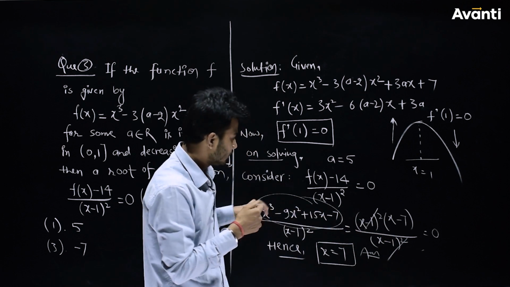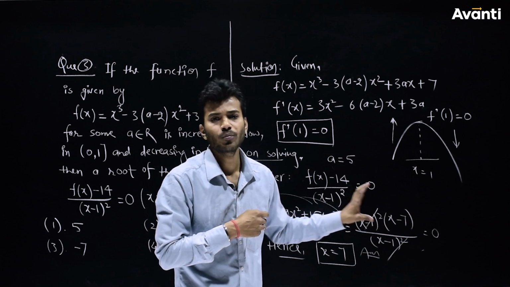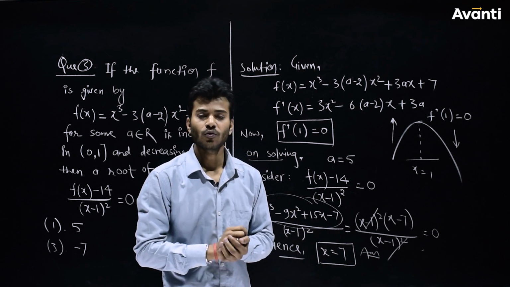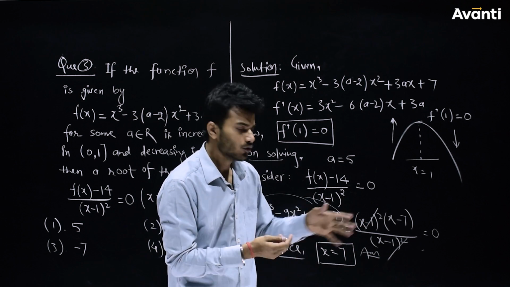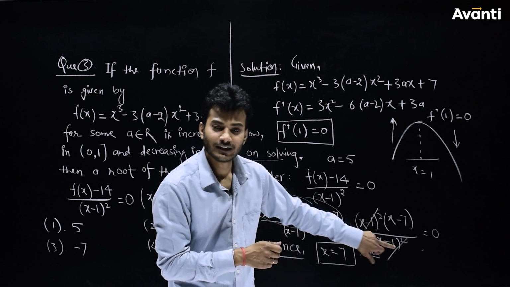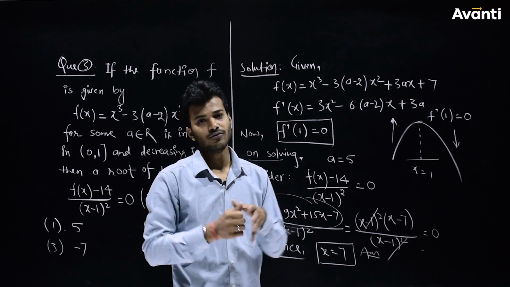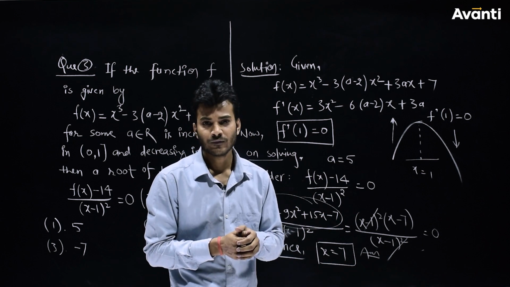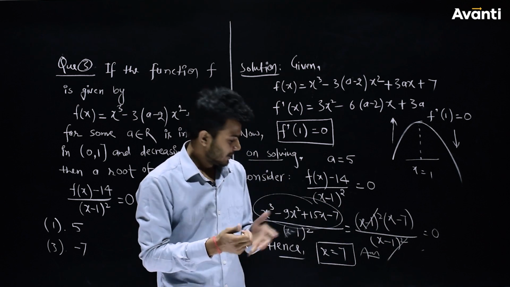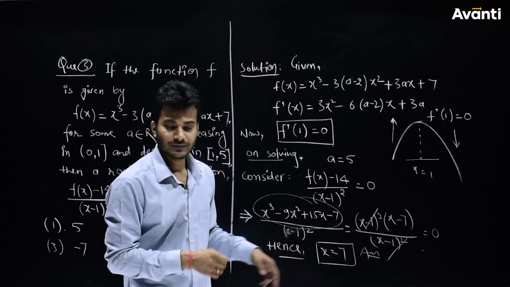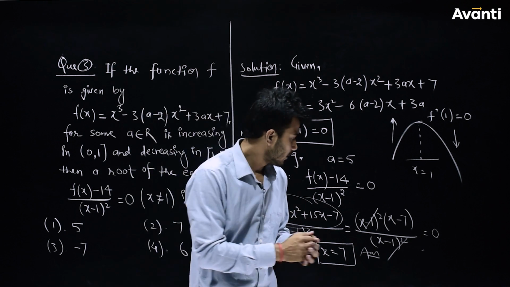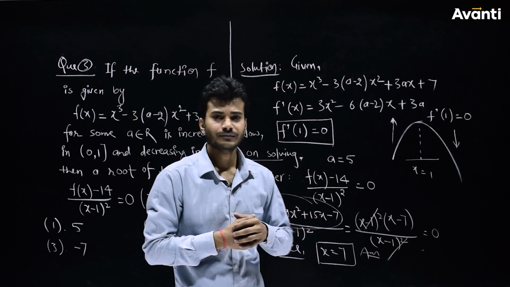And in the denominator we have (x − 1)² equals 0, that is already given to us. So (x − 1)² gets cancelled from numerator and denominator, and we are left with x − 7 = 0, that is nothing but x = 7. This is the answer for the given question. So this is how we did this problem.